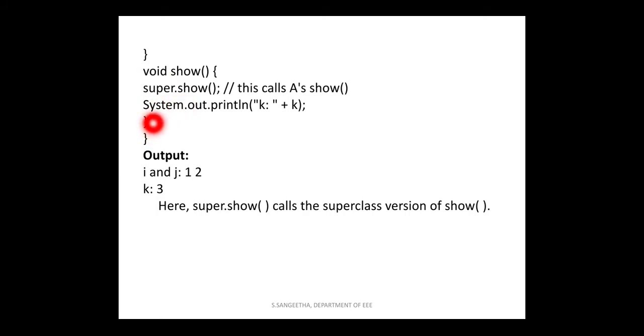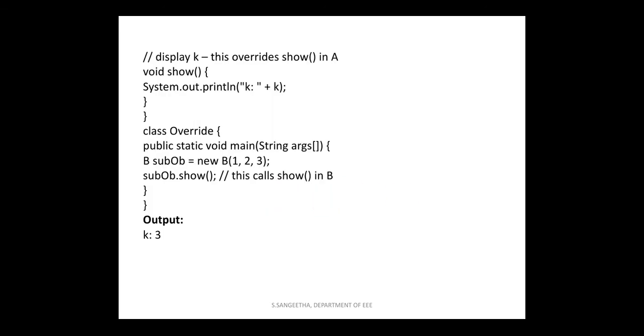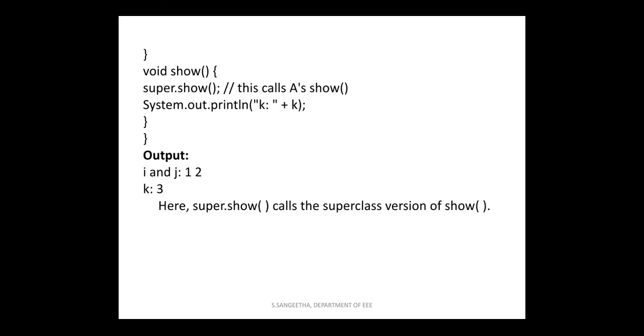Next, you have to print using System.out.println. So the value of k will be printed by using that statement. The value of k here will be 3, the value of i will be 1 and the value of j will be 2. That will also be displayed in the output as i and j is 1 and 2 and k is 3.